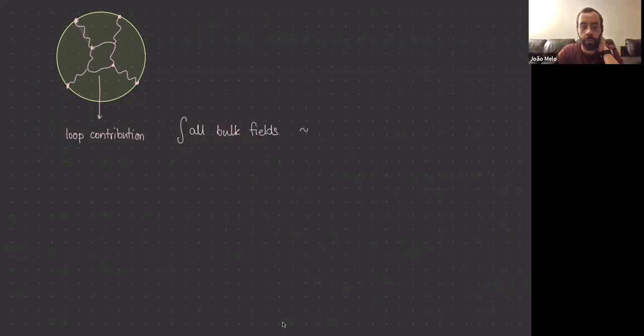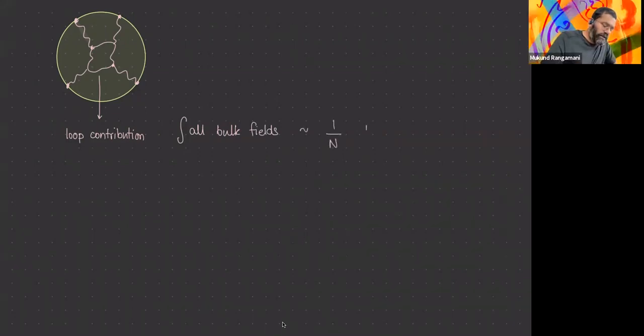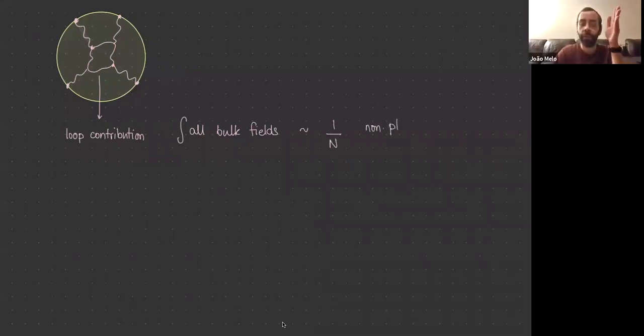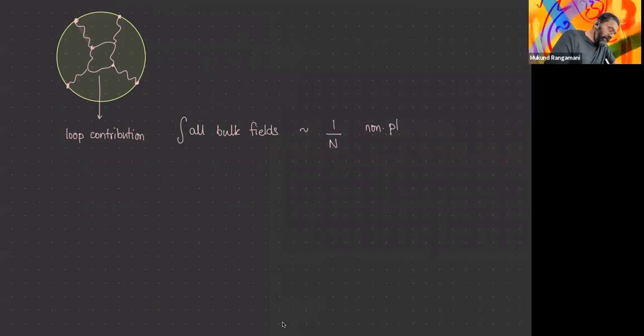And these are down in 1/n, they're non-planar graphs. Ah, of course, because 1/n corrections become quantum corrections. Exactly. Right. So when you start getting quantum corrections, it's non-planar. That's right. So these bulk loop corrections are non-planar corrections.